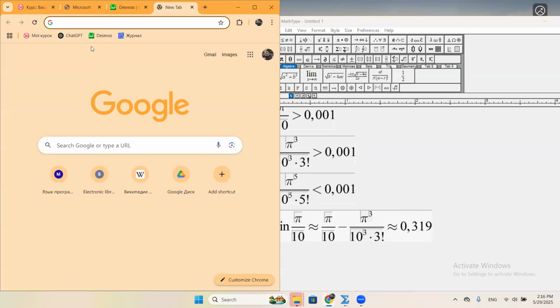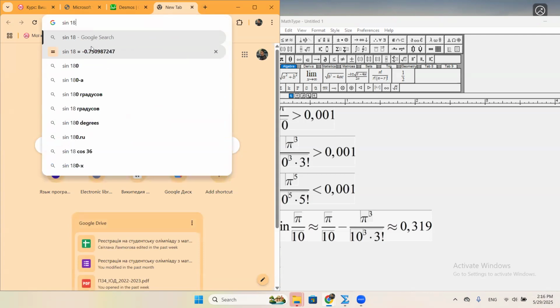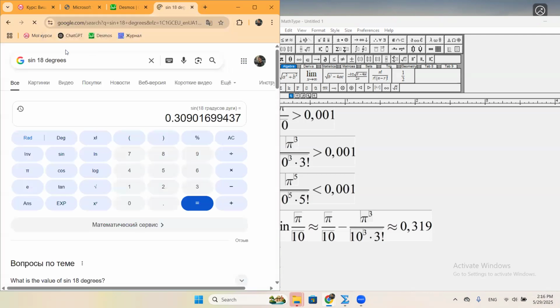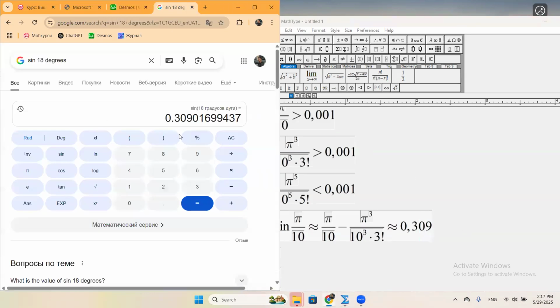And now let's check calculators. No, why? Minus. Sorry, minus. Okay, so yeah, we round, so something like this. So that's how it works.